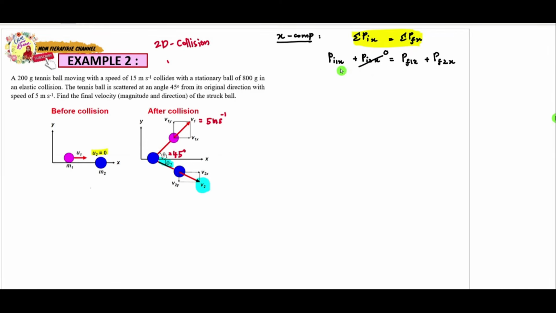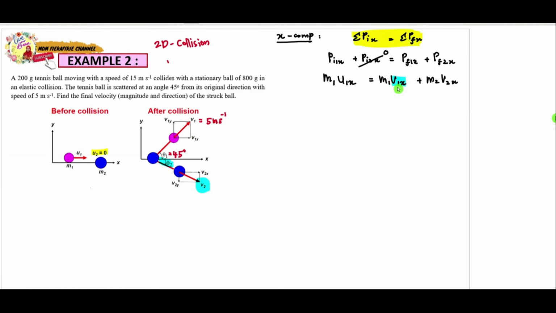Okay, so now let's expand the equation. Momentum adalah M. So we talk about mass 1, M1, U1X. Okay, plus 0, so tak payah tulis lah, equal to M1 V1X plus M2 V2X. So sekarang kat sini kita ada V1X.